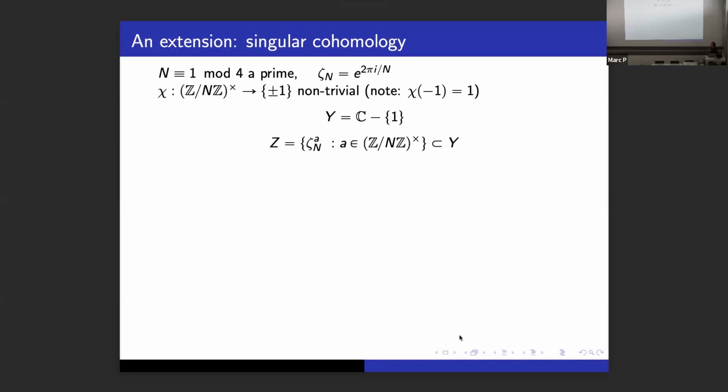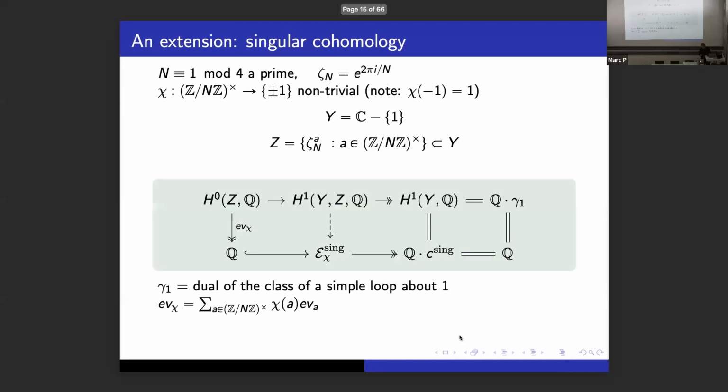And then I'm going to take the primitive nth roots of unity inside there. That's a 0-dimensional subset. And I'm going to look at the relative cohomology. So this is just singular cohomology. I'm going to look at the relative cohomology of this topological space relative to this finite collection of points.